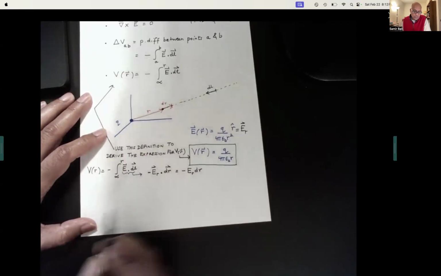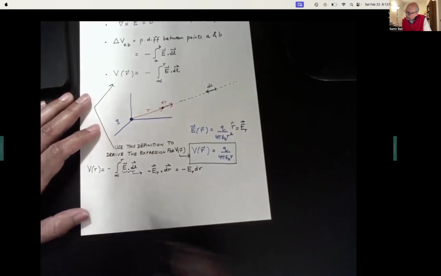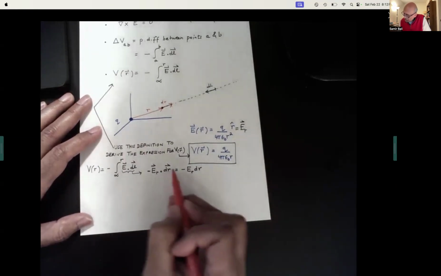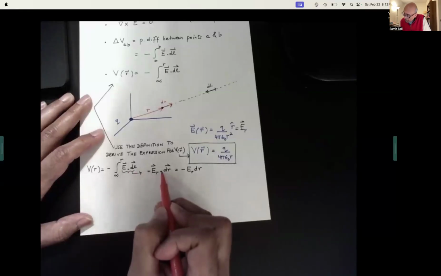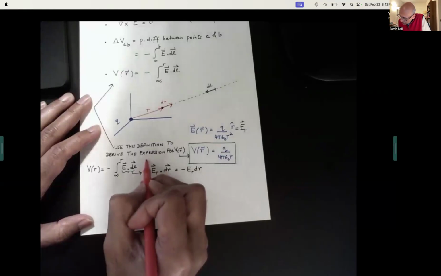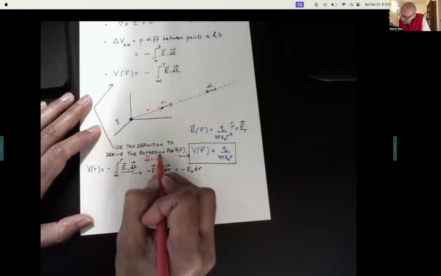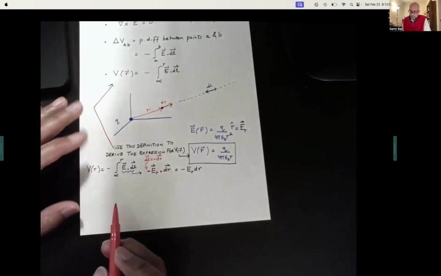It's a cosine of 0. And so I have this. But that's one place where, because of the dot product and because of dl being equal to negative dr, I've used that here. dl is equal to negative dr.